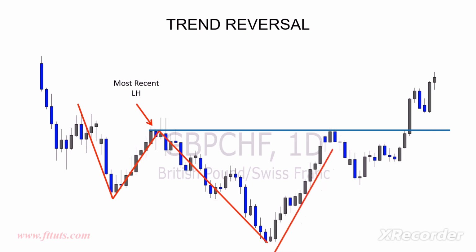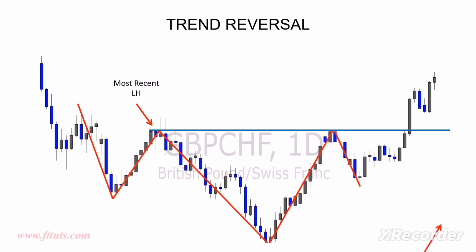Price comes up to that level but gets rejected. So we have what we had referred to a little bit earlier as a deep retracement. Price is retraced all the way back to the 100 level, but that level has held and rejected price. So we don't have a complete trend reversal yet.